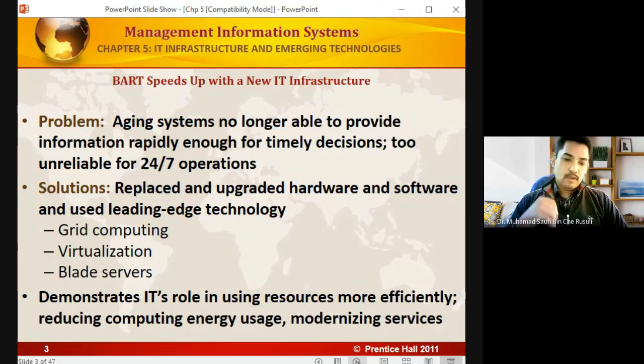So if you are working in your company, as an IT person you need to know whether our server is still compatible to serve the data or the transactions that you currently handle. This is what you need as an IT officer.